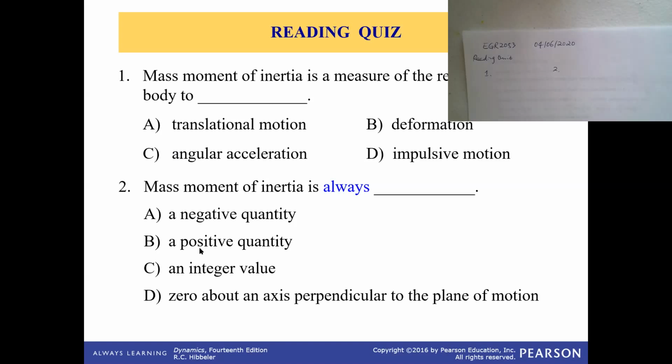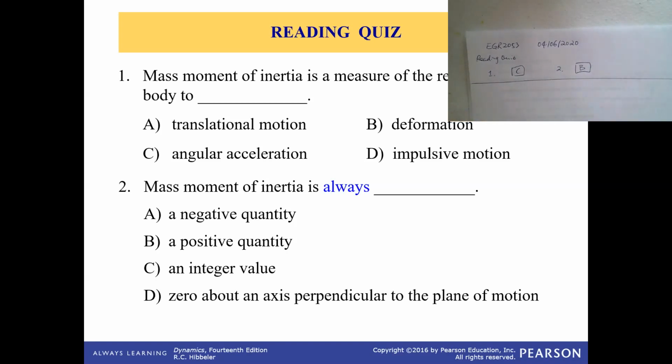So that should always be a positive number because you're doing r squared, and dm should be positive as always. So it's a positive quantity. So it's going to be C on the first one, B on the second one.